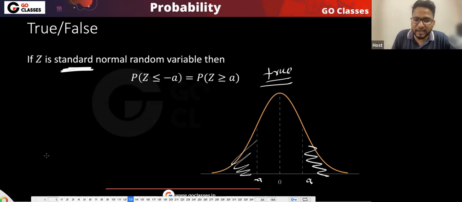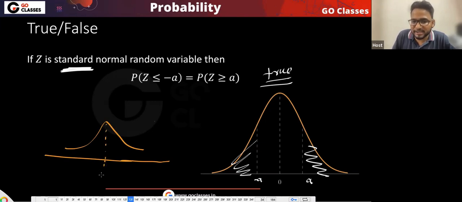In fact, for any general normal random variable, which need not be standard, let's suppose this is mu, this is mu minus a, and this is mu plus a. Then the probability of x less than or equal to mu minus a is the same as the probability of x greater than or equal to mu plus a.